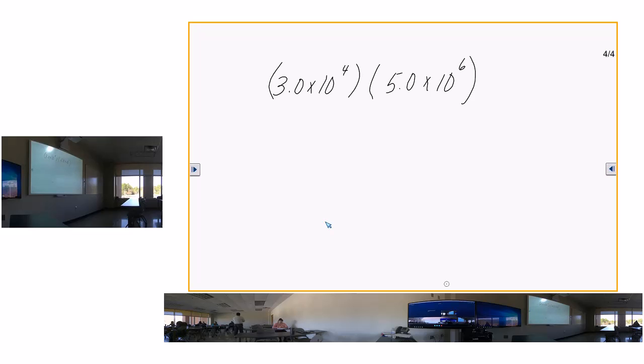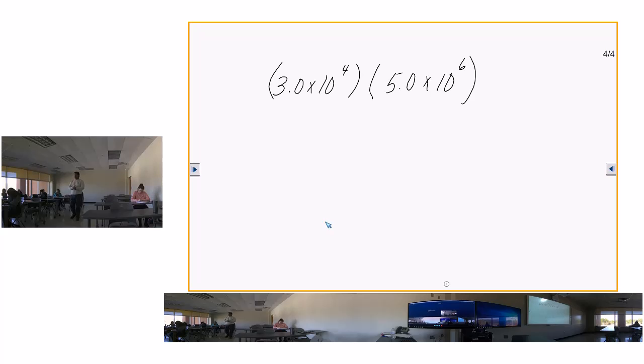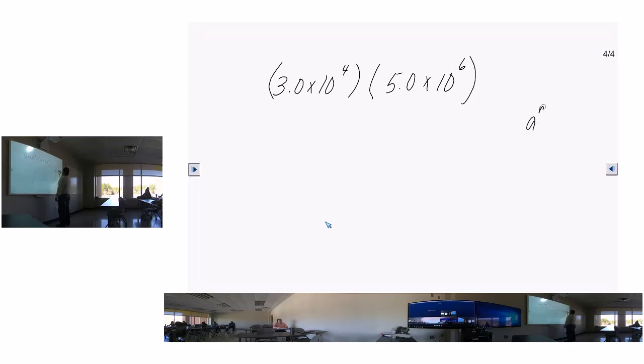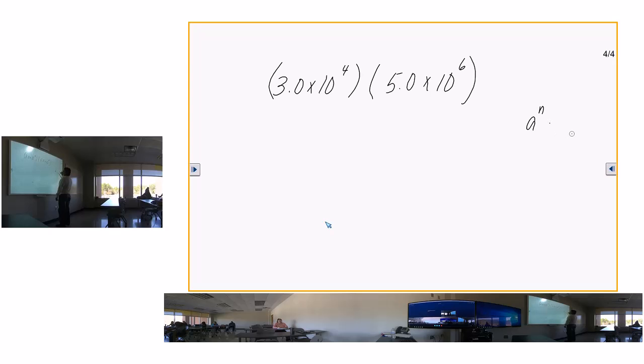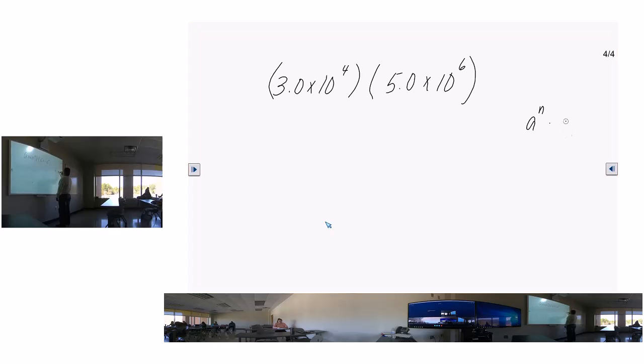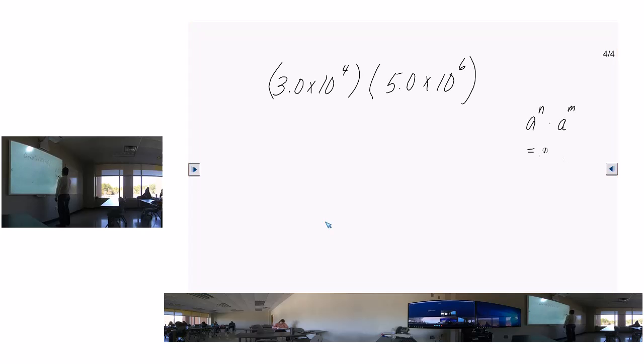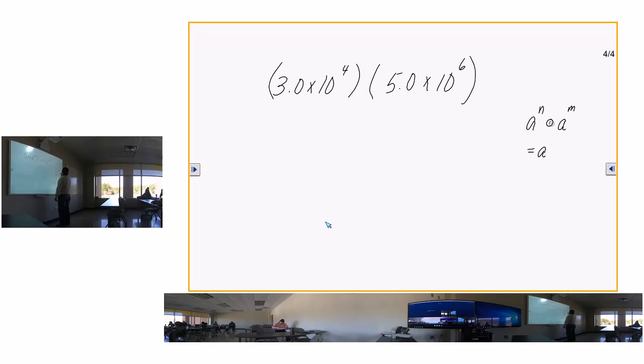2, you use the law of exponents for the tens because they have the same base. Okay, and the law of exponents tells us that if you have the same base, a to the n times a to the m, then what do you do to the exponents? If you're multiplying, you add them.